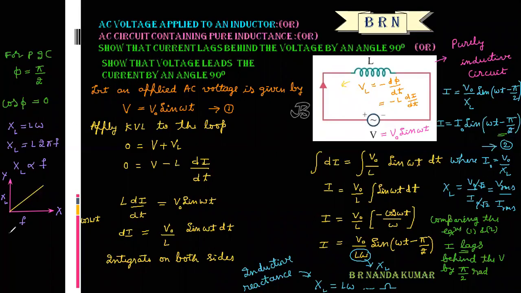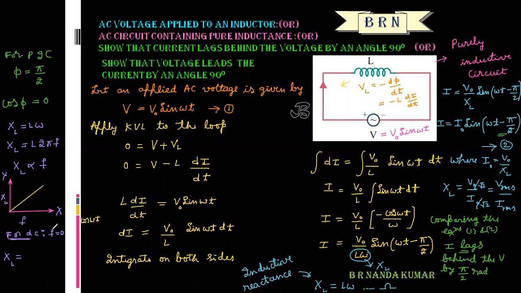And for the flow of DC, what is the value of inductive reactance? This is very important. For the flow of DC, the frequency is equal to 0. For DC, what is the value of frequency? For DC, frequency is equal to 0.